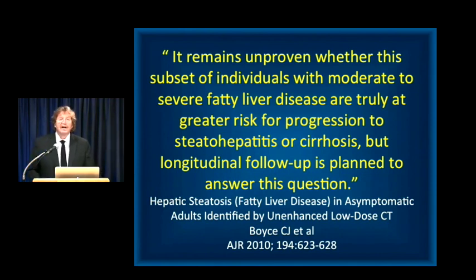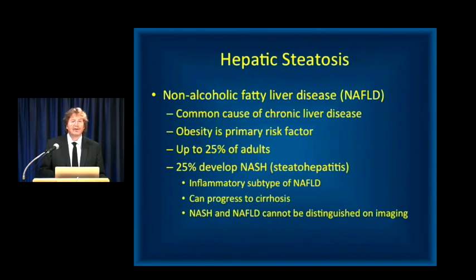So there's still a lot unknown about fatty disease in the liver, but there's a lot that we are going to learn over time. And I think a lot of it is going to be that it's perhaps much more important than we were really thinking about in the past. If we look at hepatic steatosis, we talk about non-alcoholic fatty liver disease, which often goes by NAFLD.